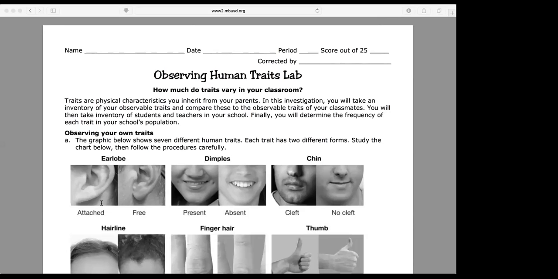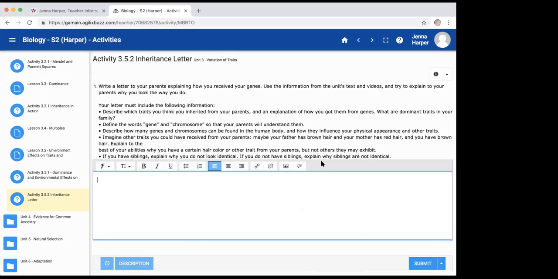So, okay, the next question. Let's go back to here. I don't know why I still had that on. Okay, so the next question is, if you have siblings, explain why you do not look... we got a chat here. Lulu says I have long, straight hair, and hers is very thin and doesn't have as much as I do.